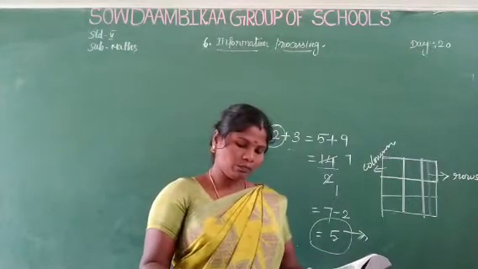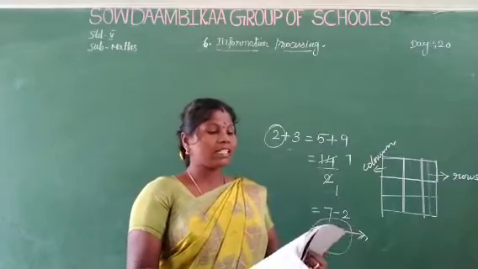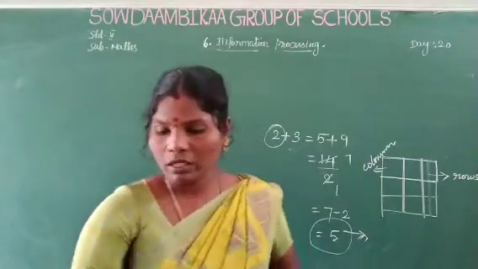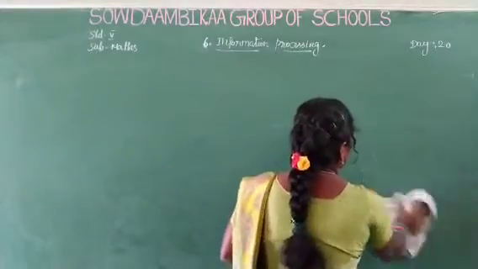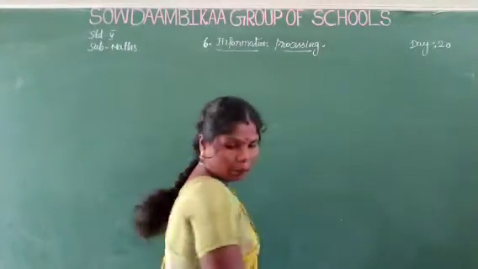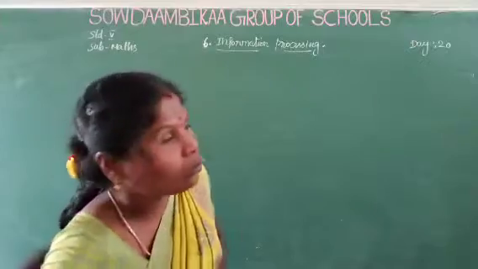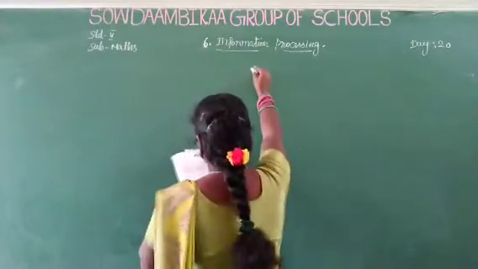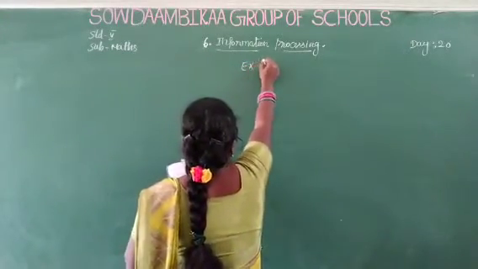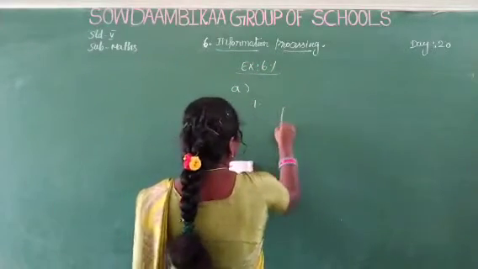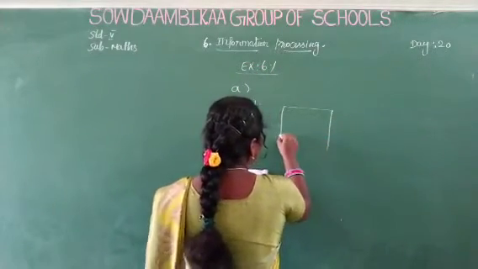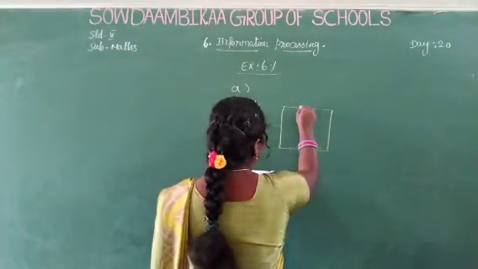Coming to exercise 6.1. Some sums are given. Now find the answer. Page number 84. Exercise 6.1, first one. The 3 boxes are given. Take your pencil and your book and write the answer.